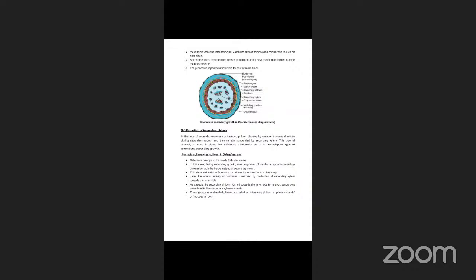Next, exodermis is absent in dicot root, but present in monocot, and the exodermis is sclerenchymatous. Next, in dicot root, medulla is very small or absent, but in monocot, medulla is very well developed.